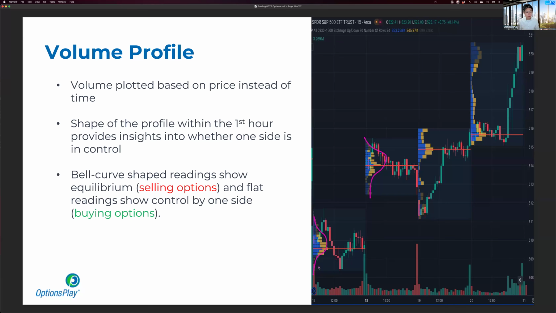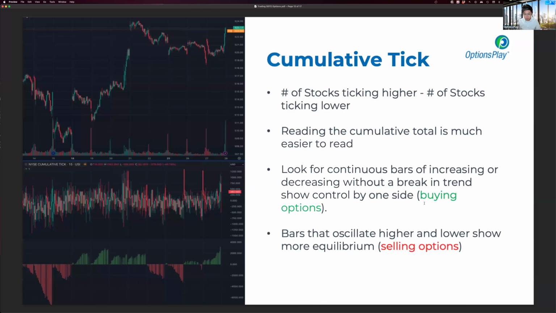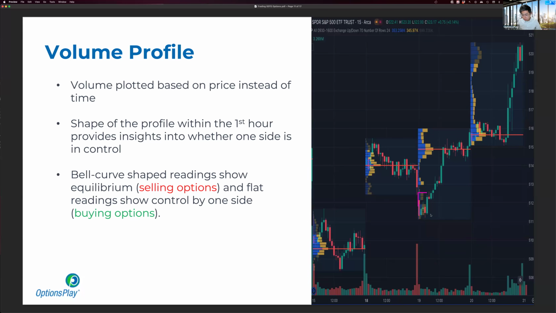And then on the other side, you also have shapes that are more flat. As you can see here, this is a much flatter profile as opposed to the bell curve shape. When you look at this particular chart, this is really the first hour, and you can see that the volume profile within that first hour doesn't form that bell-shaped curve.